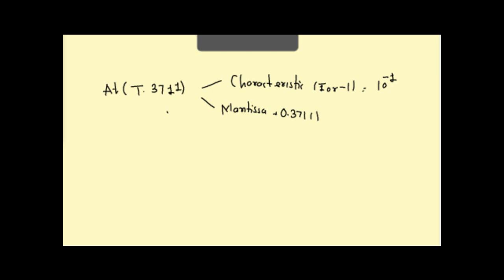If you remember, bar 1.3711 corresponds to -1. This value is bar 1, bar indicates negative, -1, and the value after the decimal place, that is 0.3711, was positive, 0.371 was positive, and this value is negative.